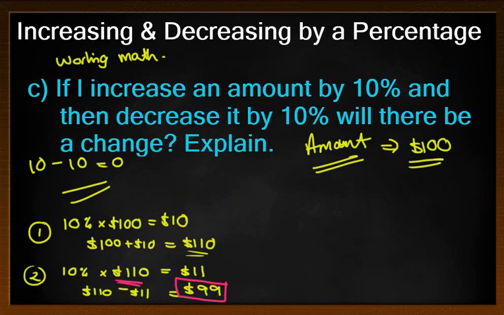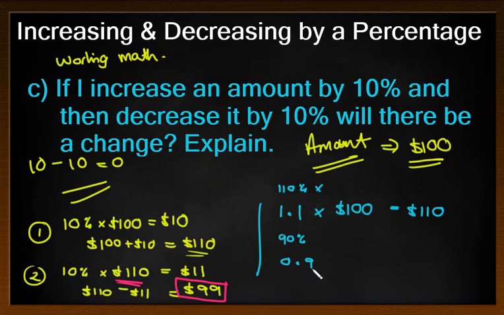Now, of course, if you're using method 2, which is, again, probably preferable for a lot of people, what you'll be doing is timesing the original amount, that $100 that you're starting with, by 1.1, or of course you can do 110% times that amount. That will automatically give you that $110. Then if you reduce it by 10%, that means you're actually finding 90% of the amount.